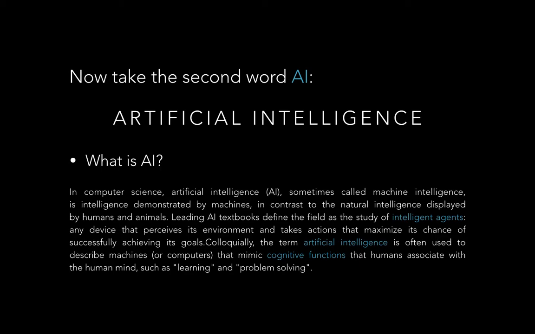Leading AI textbooks define the field as the study of intelligent agents, any device that perceives its environment and takes actions that maximize its chance of successfully achieving its goal. The term AI is often used to describe machines that mimic cognitive functions that humans associate with the human mind, such as learning and problem solving.